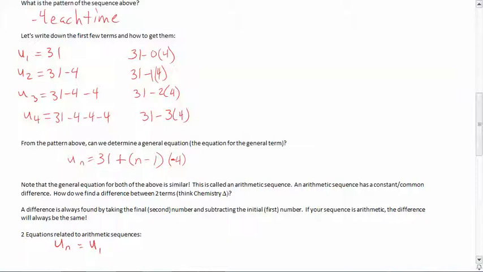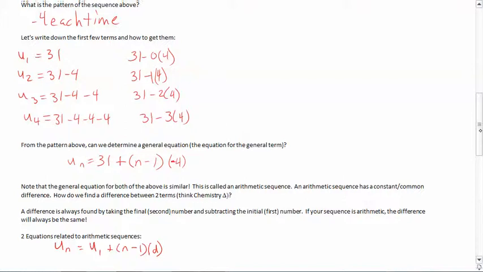And then we had this plus n minus 1, depending on what term it is, right? If I wanted the 10th term, I could put 10 in for n. And then the last number was that constant difference. What was the pattern, right? In this case, it was negative 4 because each time we subtract 4. So this is going to be, as I identified at the beginning, d, what that constant difference is, the pattern.